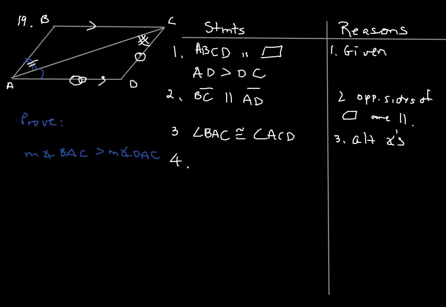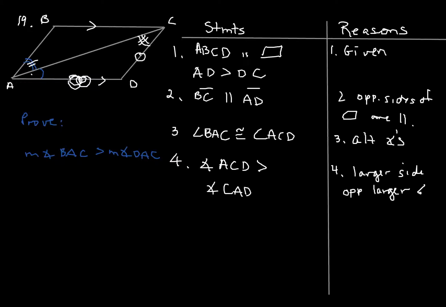The other thing we can say is, because this side is bigger, this angle is going to be bigger. So angle ACD is greater than this little guy down here, angle CAD, and the reason is larger side opposite larger angle.